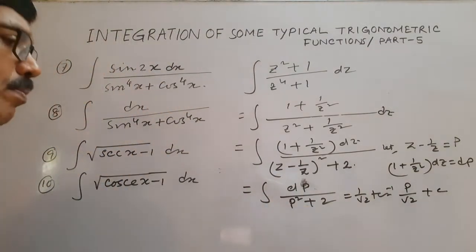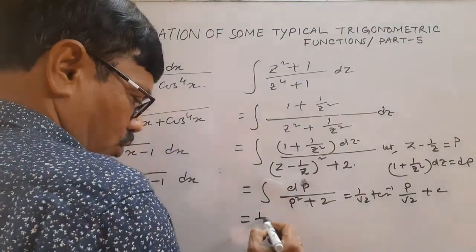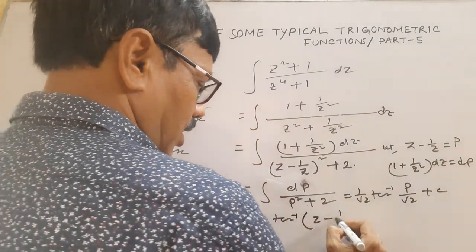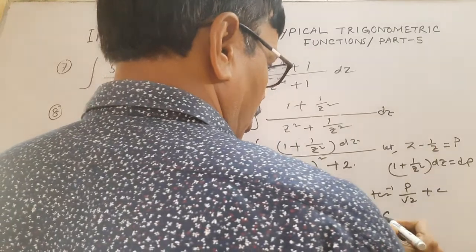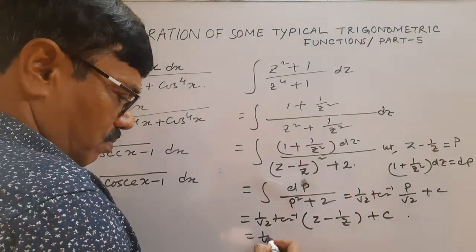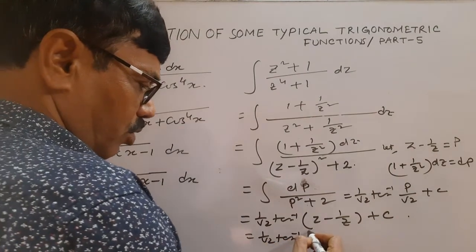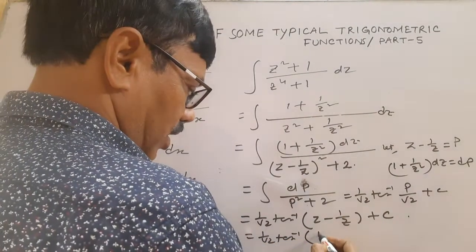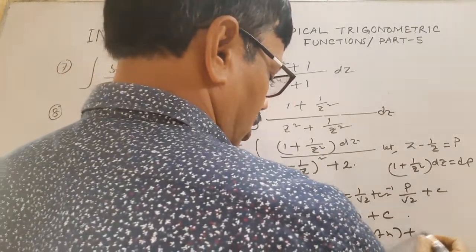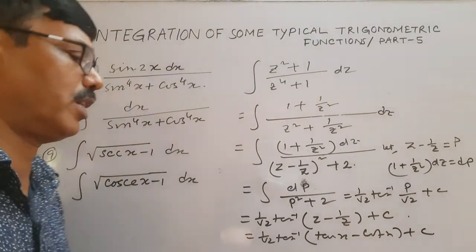So put the value of p. So 1 by root 2 tan inverse of z minus 1 by z, plus c. Then put the value of z also. z equals tan x. So tan x minus cot x plus c. 1 by z, so 1 by tan is cot.